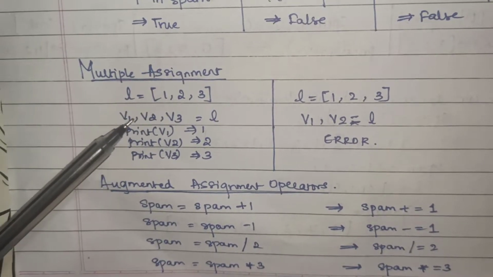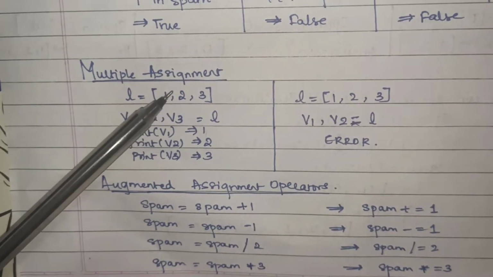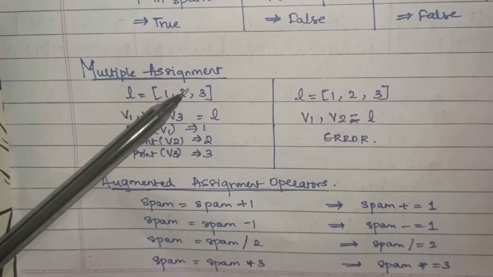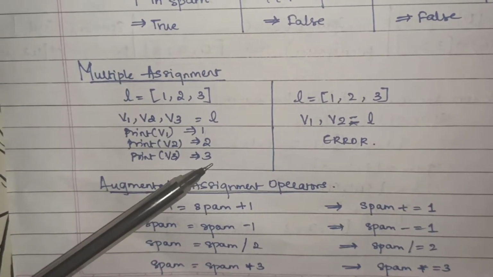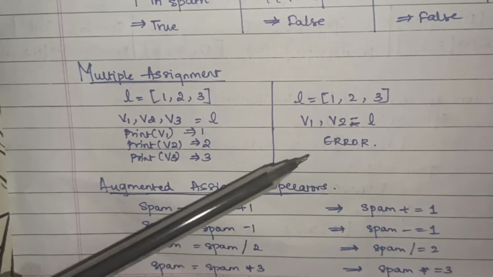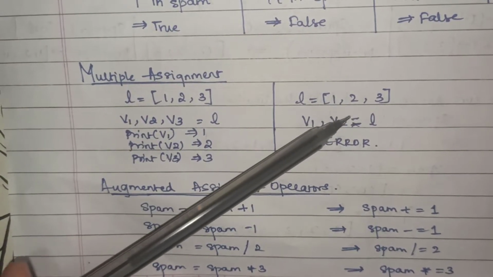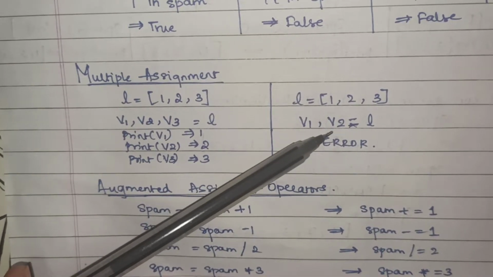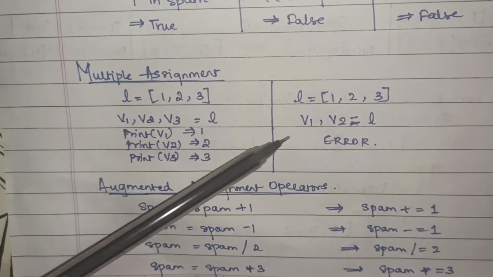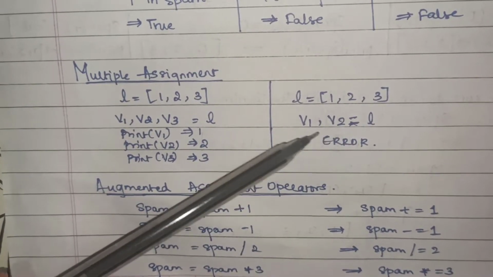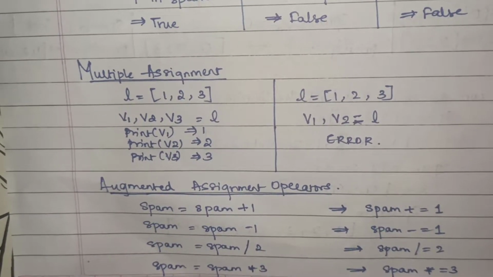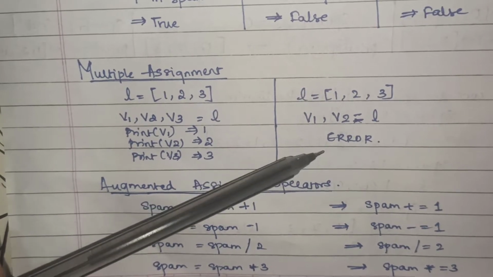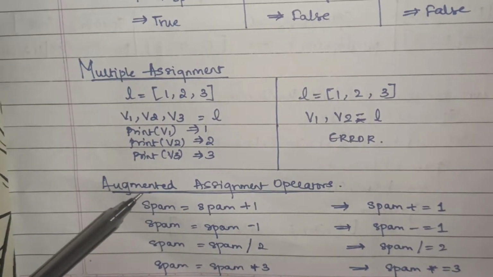So here v1, v2, v3 are assigned the values 1, 2 and 3 respectively. When you print v1 v2 v3, you get 1 2 3. Suppose you have a list with 3 elements and you specify only 2 variables, v1 and v2, but there are 3 values in the list. That can't happen, so it will raise an error when you do this.